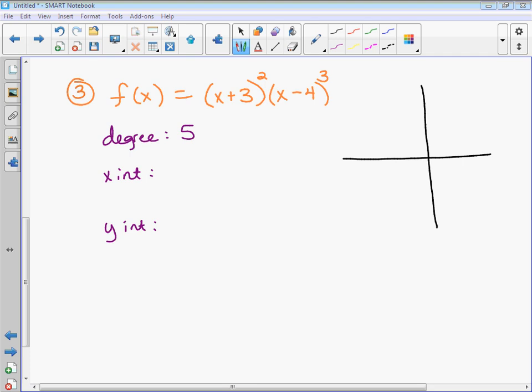All right, you got some points. Good stuff. Think about what the ends would be doing. You can draw those in. So it's 5. The y-intercept?